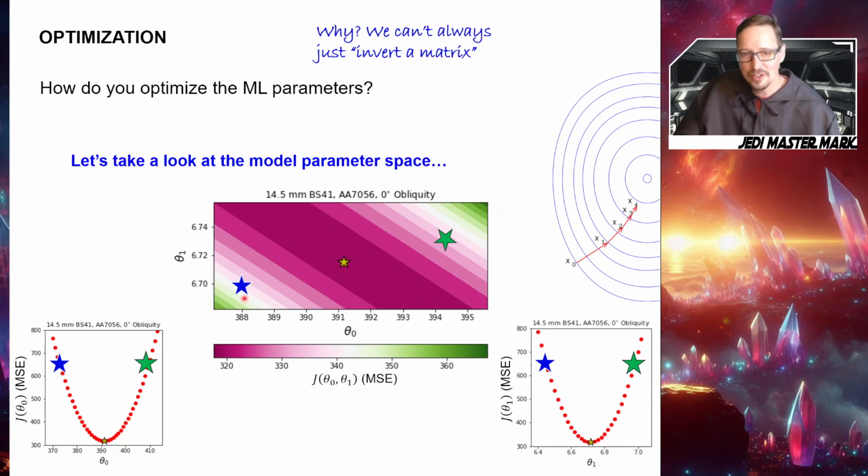And you may start from the blue star or the green star in order to get to this optimal model. I've shown in the lower left-hand side and lower right-hand side, if you think back to it, as we change just one of these model parameters, how does that affect the cost function? You can see here that the blue and green are much higher than the optimal model. And so we want some technique that's actually going to drive it down in an automated way to this gold star.